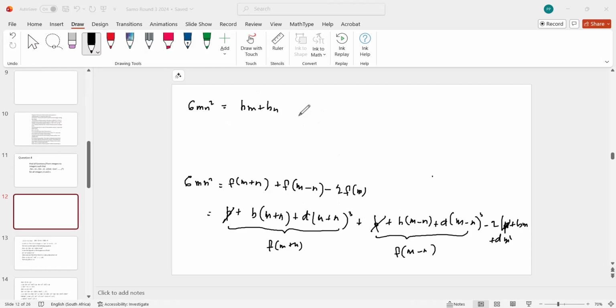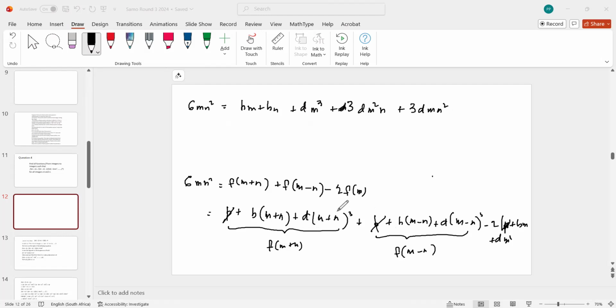And here you have d times m plus n all cubed. m cubed plus 3d m squared n plus 3d mn squared, and there was a cube term as well, plus d n cubed.